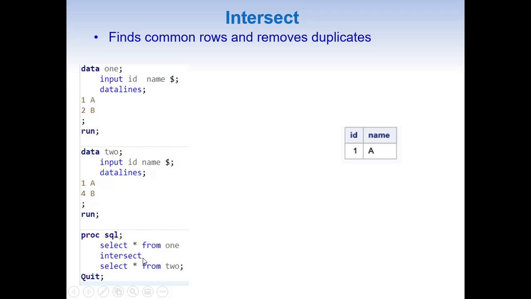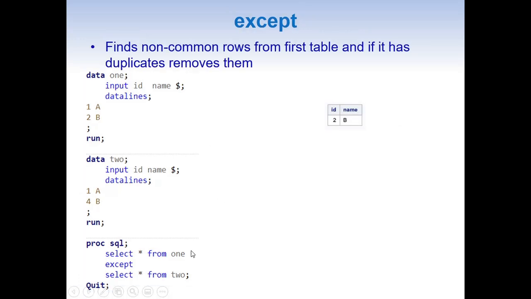When I do intersect, it gives the common rows, that is 1A, and also removes duplicates. Intersect is a little bit more nuanced, and we will discuss more details of intersect at the end of this presentation.